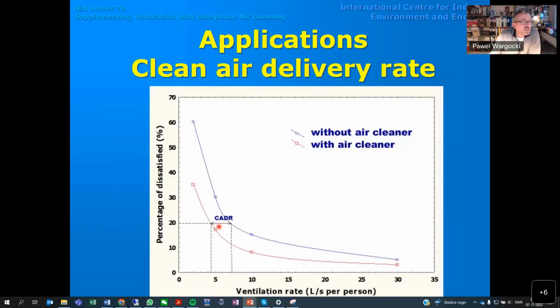The differences at a certain level of air quality, here we are talking about 20% dissatisfied, can be attributed to the effect of the air cleaner, and this effect can be expressed as clean air delivery rate, or the ventilation rate that can be credited to the use of the air cleaner.